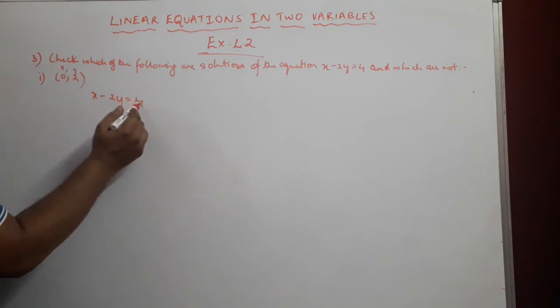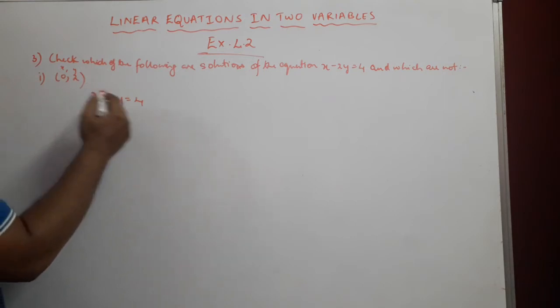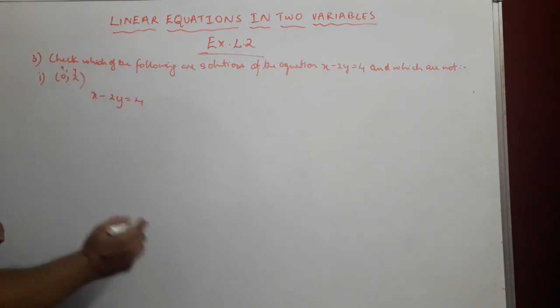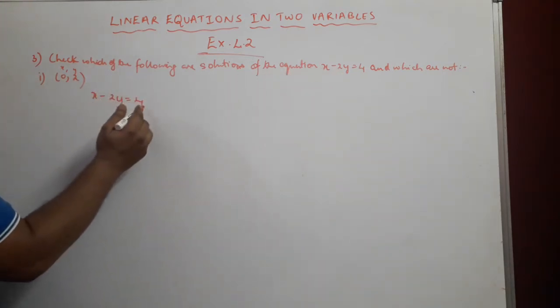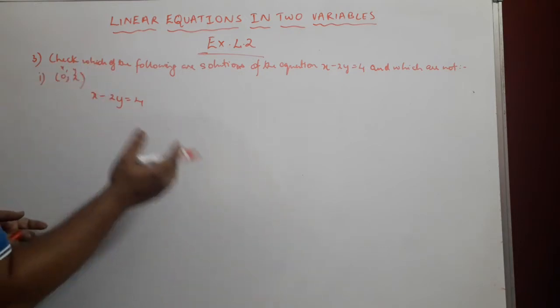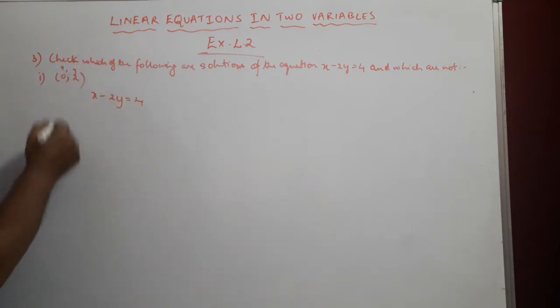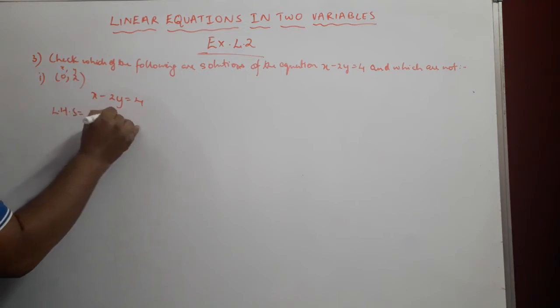If we get it equal to 4, we can say that the coordinates that are given are actually solutions of this given equation. But if it doesn't come equal to the right hand side, we can say that these coordinates are not solutions of the given equation. So let us take left hand side, which is x minus 2y.